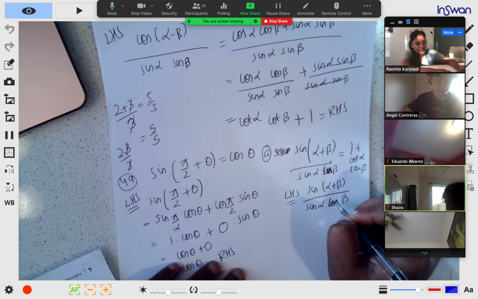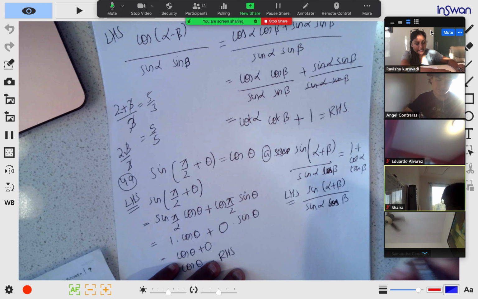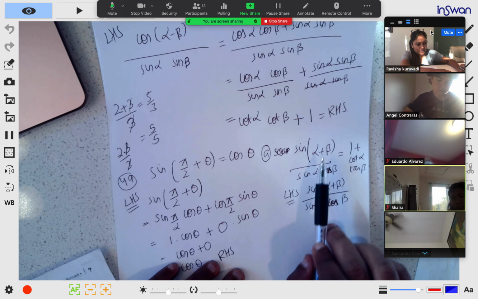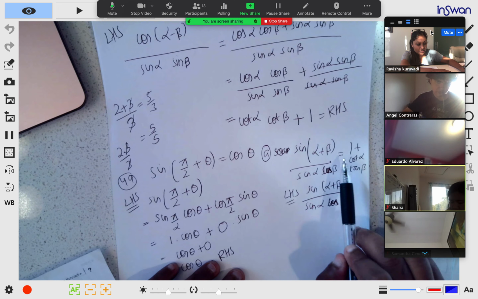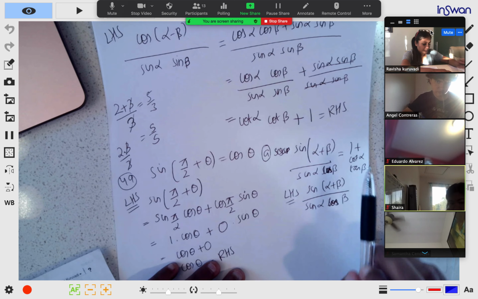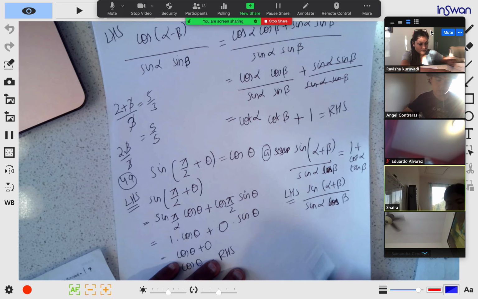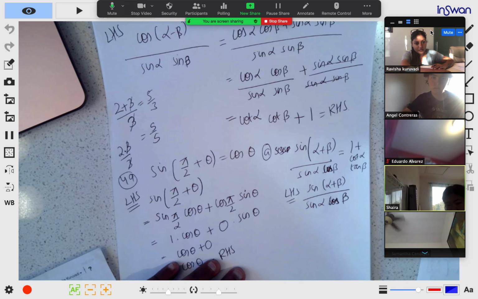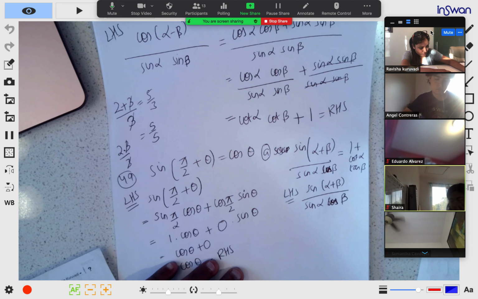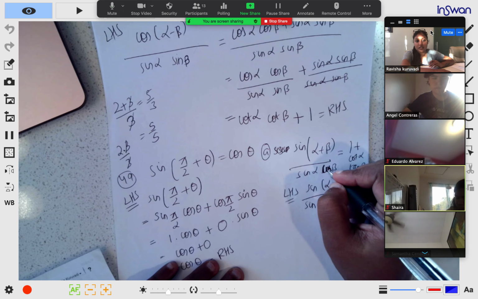So the formula is sine of alpha plus beta divided by sine alpha cosine beta is equal to 1 plus cotangent alpha tangent beta. Oh, it's cosine here, it's not sine. I'm sorry.